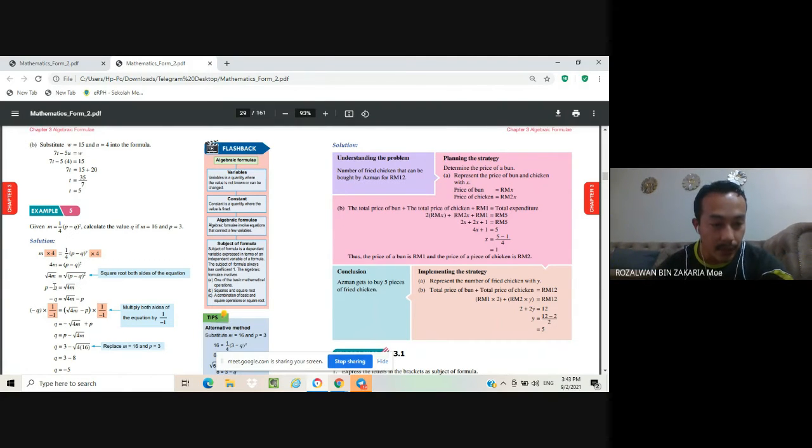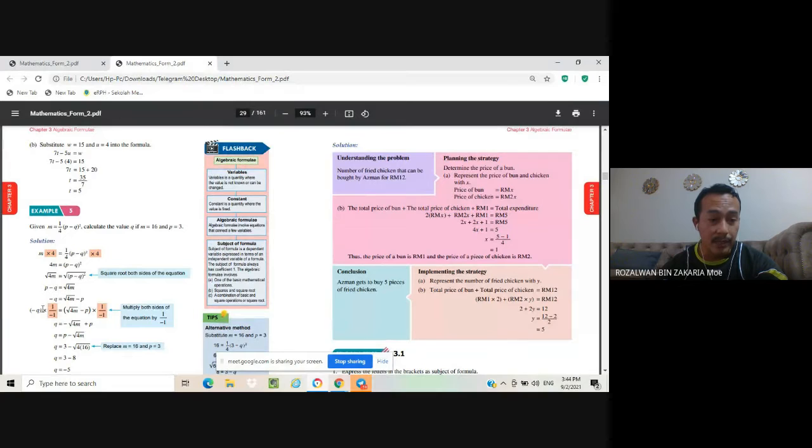Next, what to do? We want to make Q the subject. So P here, we need to bring to your right side. That means minus Q equals square root of 4m minus P, because P here, the operation is positive. No sign here means positive P. Positive P, when you bring to your right side, will become minus P. Okay, next, remember this one, minus Q, we don't want this minus, so we want to make it positive. So how to do?